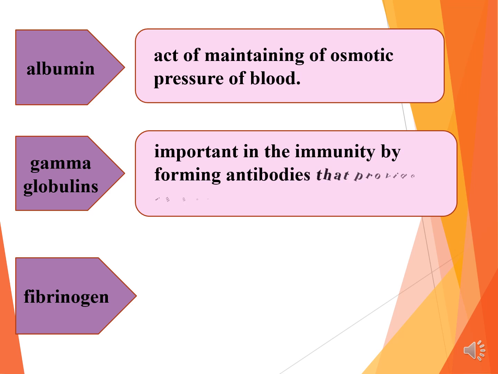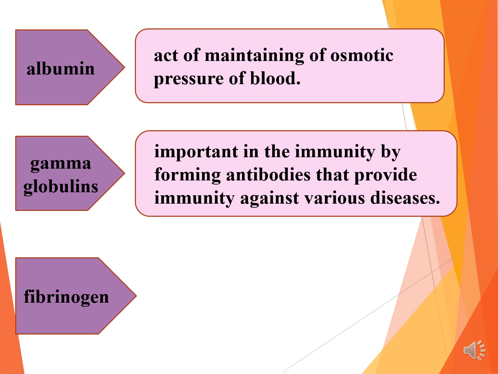Gamma globulin is important in immunity by forming antibodies that provide immunity against any diseases. إذا الجاما globulin هي مهمة بالعمليات المناعية من خلال تكوين الانتيبوديز اللي تلعب دور بمناعة الجسم ضد different viruses.